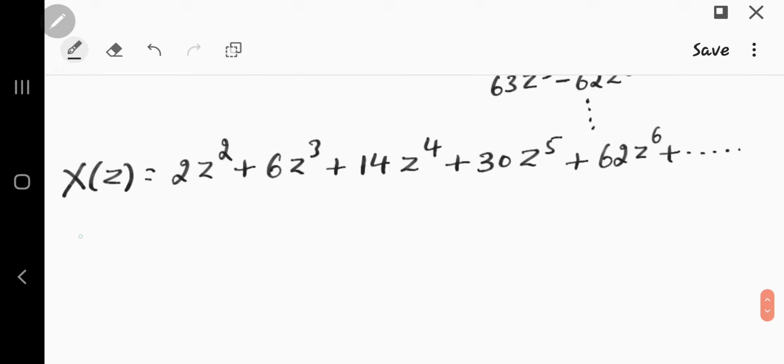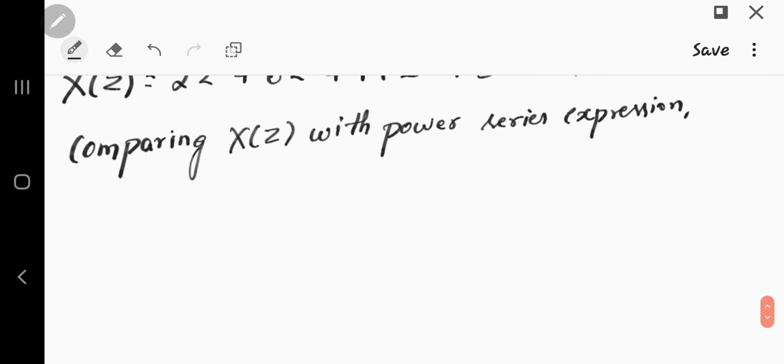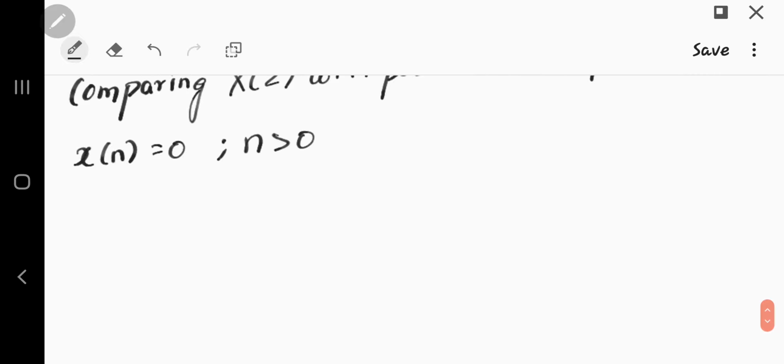Now comparing x of z with the power series expression. First thing, x of n is 0 for n greater than 0, because the positive time sequence is not available.